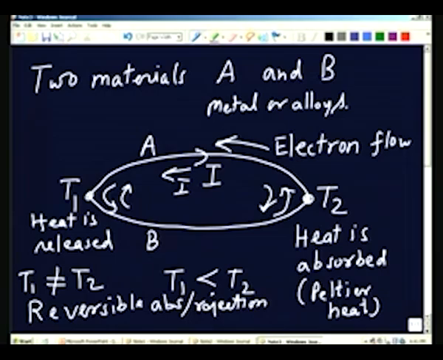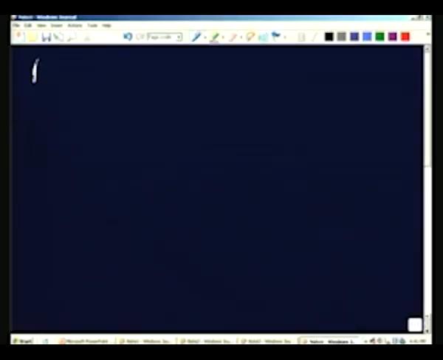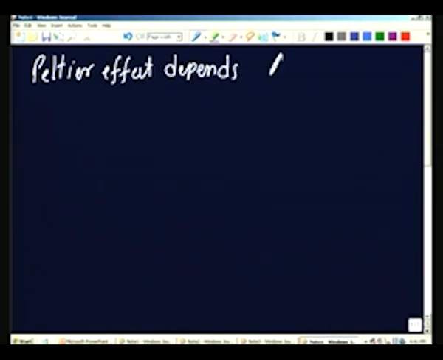So, the Peltier effect or the Peltier heat depends on the two materials A and B, and it is found that the rate at which heat is absorbed or released is proportional to the current and proportional to a coefficient called the Peltier coefficient or Peltier EMF.